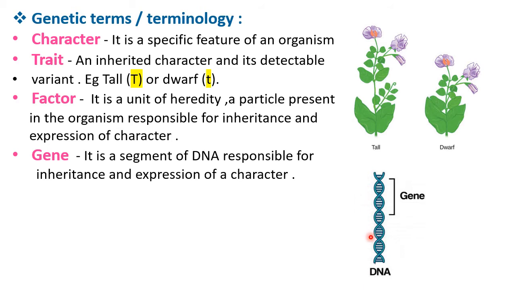Linear DNA is present in eukaryotic organisms, while circular DNA is present in prokaryotic organisms. This linear DNA on the upper side shows the presence of a gene. You all know that gene is a part of DNA, also called a segment of DNA, and it is responsible for development of a particular character.